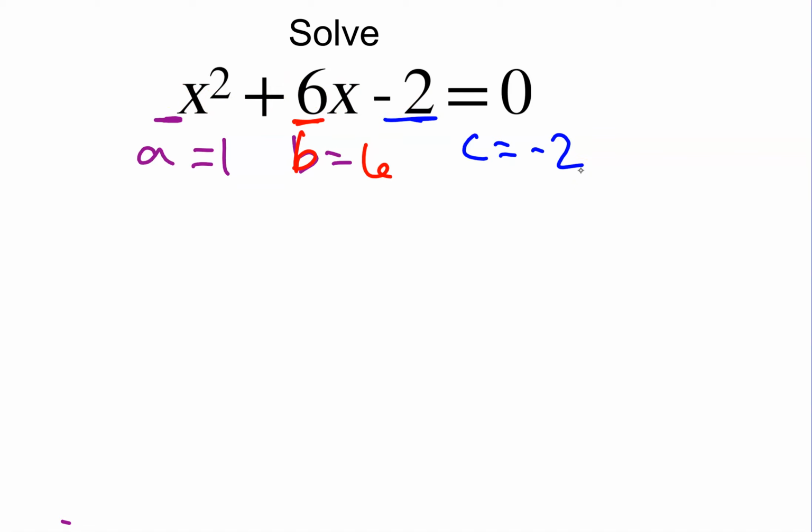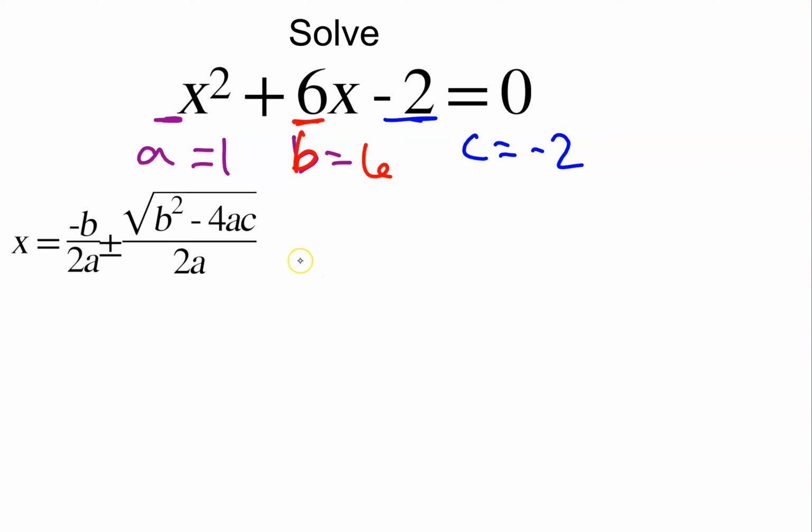Once I know what those values are, I'm going to plug into the quadratic formula, which I'll pull up real quickly. Okay, so we know that x is equal to negative b, the opposite of b. Since b is 6, I'm going to write negative 6 divided by 2 times a.